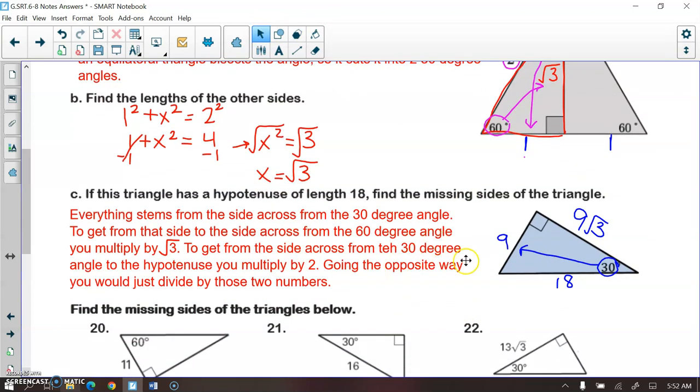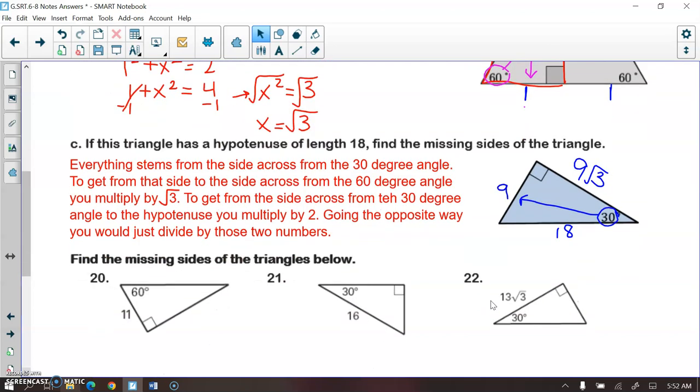All right, if you need time to write that down, please pause the video. But that is the general rule that we have in a 30, 60, 90 triangle.